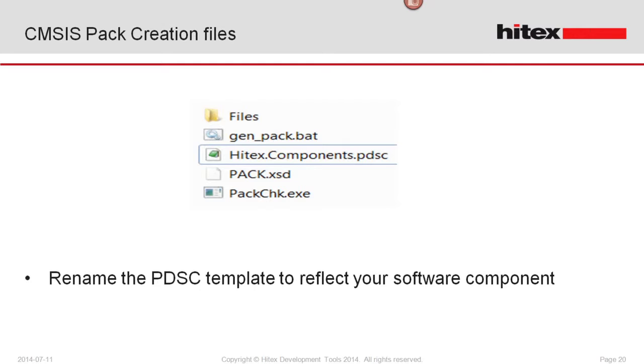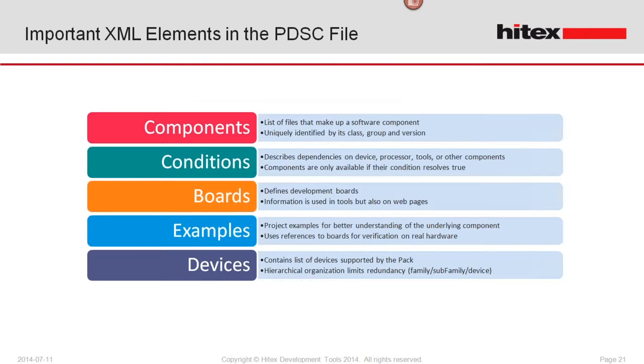So we have the vendor name is Hitex, and we're just going to call this our software components pack description file. And then inside this pack description file, it's an XML file with a number of containers so that we can describe our pack. So we can describe the software component, we can describe some rules, some conditions on how it's going to be used and the dependencies of our files.